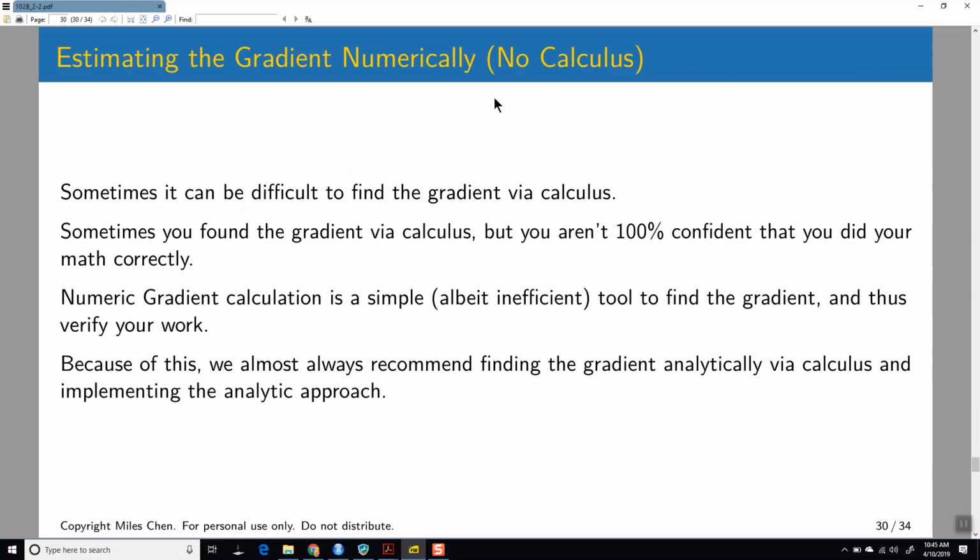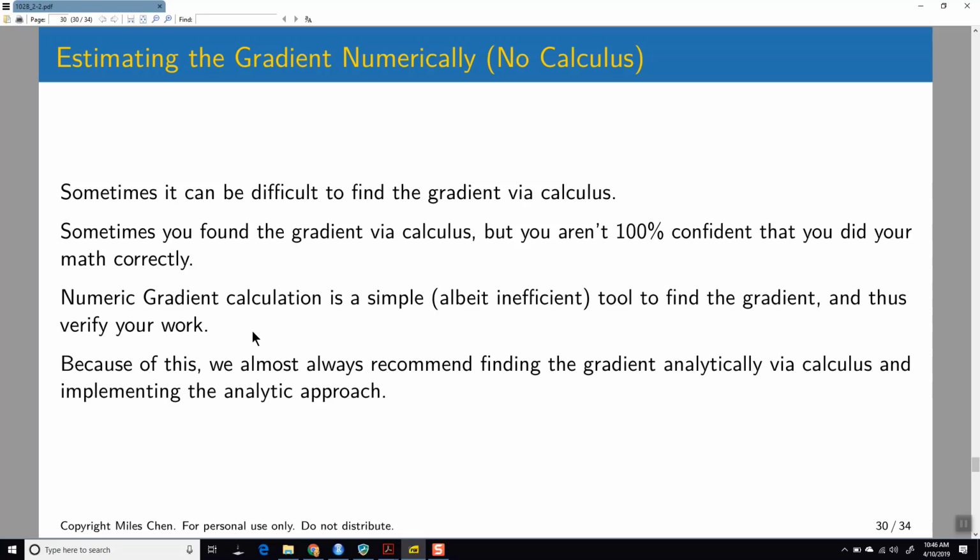And so one thing we often do is numeric gradient estimation. This is just a mechanical way for estimating the gradient at a certain location. It's an inefficient method, and it's not recommended at all for using in the actual algorithm.